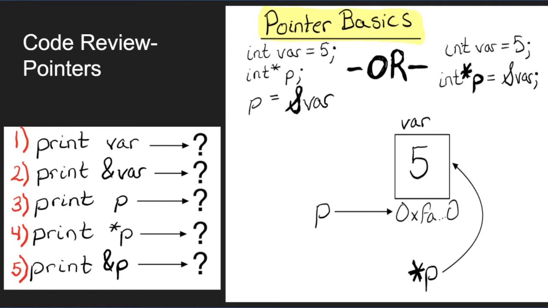And then printing out ampersand, which is the address-of operator, var would give out your memory address. And printing out p would also achieve the same thing. Printing out the asterisk, which is your dereference operator, p would again give you 5 because that's where p is pointing to.